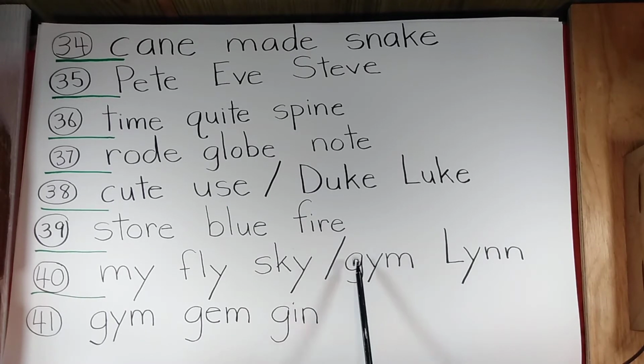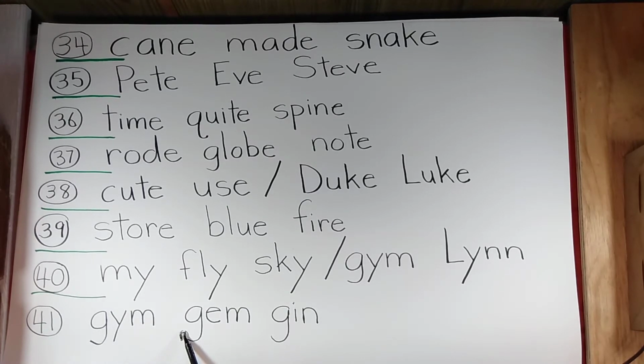The reason we have the two sections is Y at the end of a short word can sound like a long I, like sky, but Y can also sometimes sound like a short I. So Y, which is usually a consonant, sometimes is a vowel sound. So this is the long vowel sound with these three, short I vowel sound with these two, Jim and Lynn. Also, that G sounds like a J in this word and in the words that we're going to have in lesson 41.